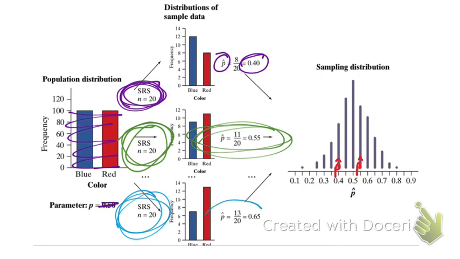Wow, you guys, look. Jordan got a p-hat of 0.65. Why is Jordan's different than Ebby's and different than Serena's? Sampling variability. So, Jordan has one here at 0.65.